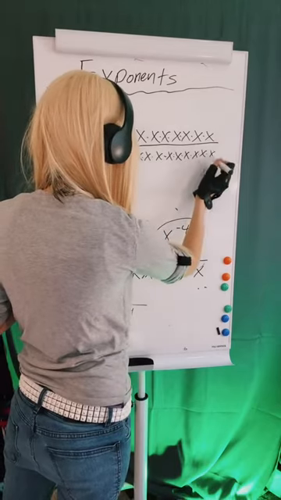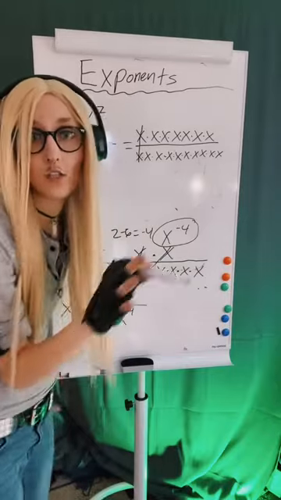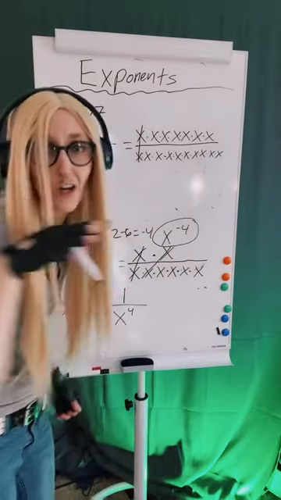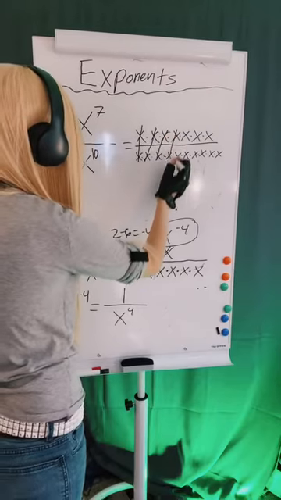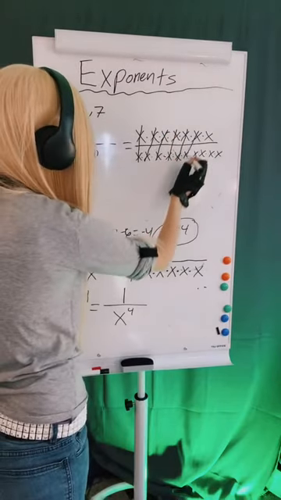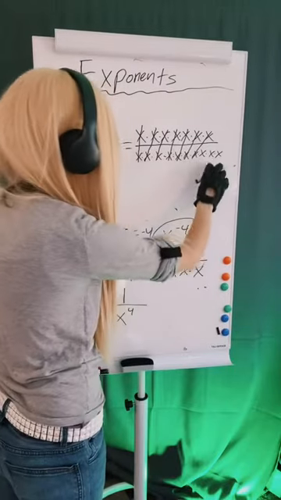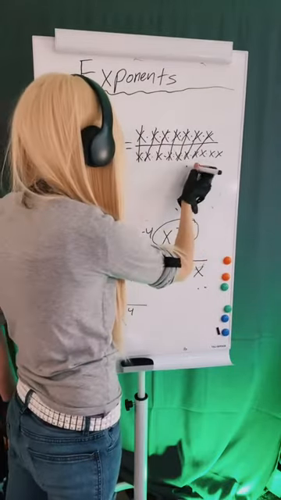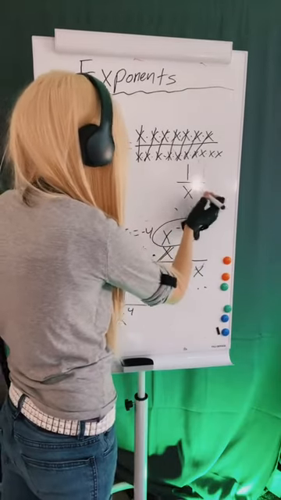And I'd start canceling them out. This is if you need to draw it out. No shame, right? Sound effects make it better. Burp. And I'm left with 3 x's on the bottom. 1 over x to the 3rd.